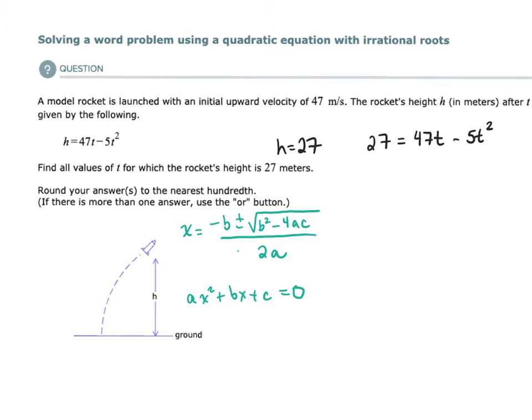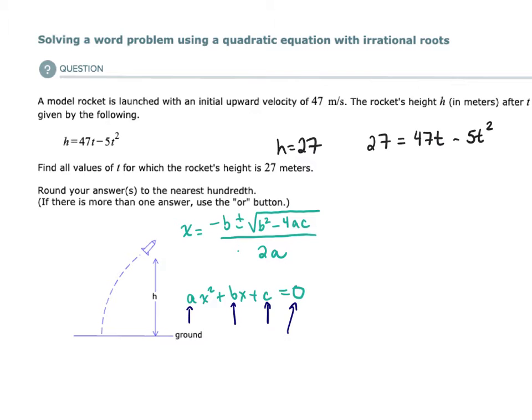So a couple of things about the quadratic formula. One thing, you have to have a zero on one side. So our equation currently does not satisfy that. And then your a value is whatever's in front of the x squared, or in our case t squared. Our b is whatever's in front of x, or in our case t. And our constant c is whatever the constant is.